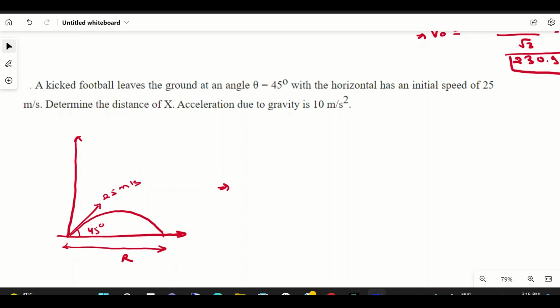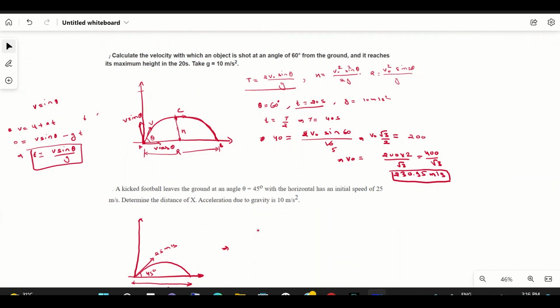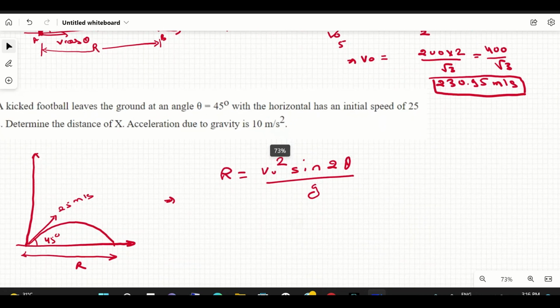So the formula we have already written for range: R is equal to V naught square sin 2 theta upon G. So we can put all the values here.